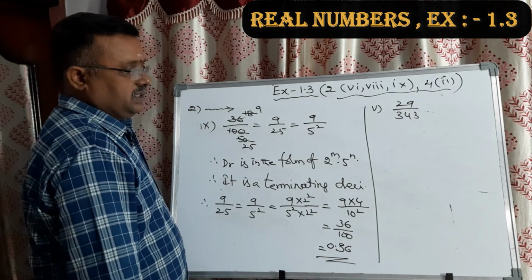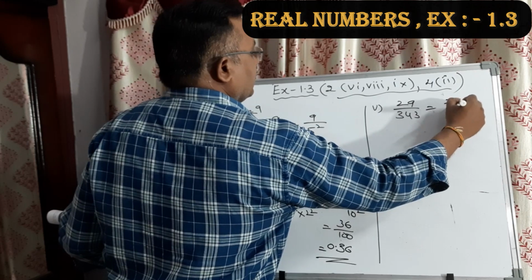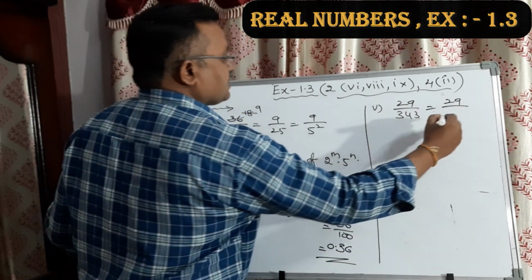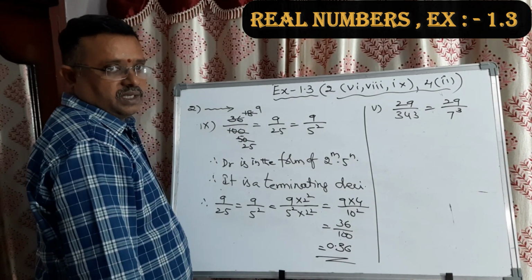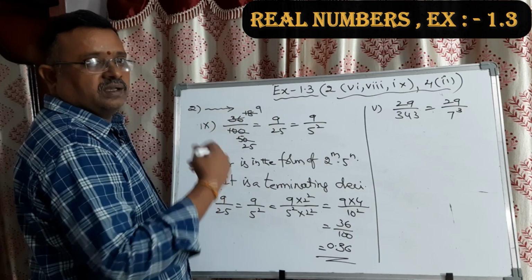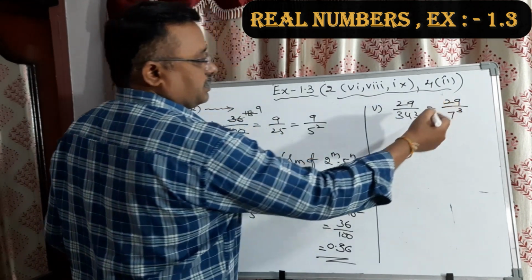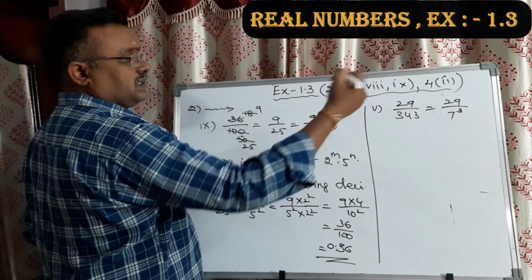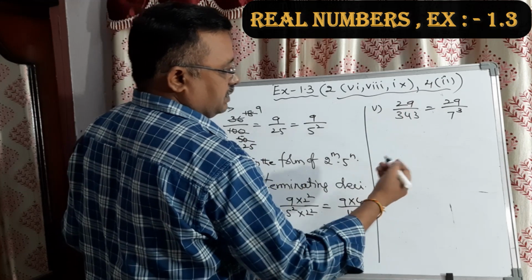Now 343 is 7 cube in prime factorization; that we learned already in the earlier class. And no cancellations are possible. 7 is not a factor of 29, so cancellations are not possible.